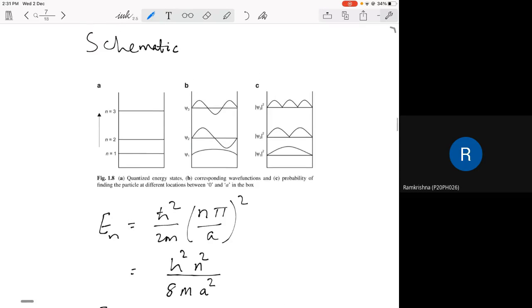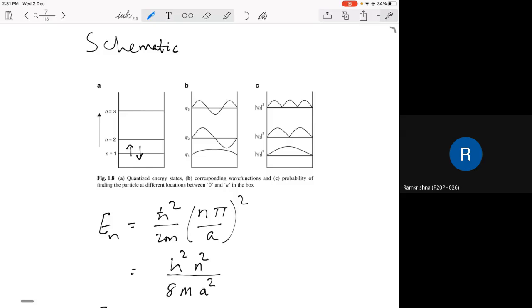Now if I want to fill the electrons here, I have to follow Pauli's exclusion principle, right? So that means I can have two electrons in the ground state, and then I keep on filling up the electrons in the next available energy.